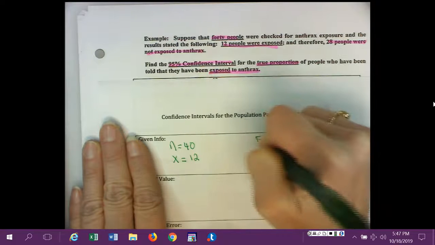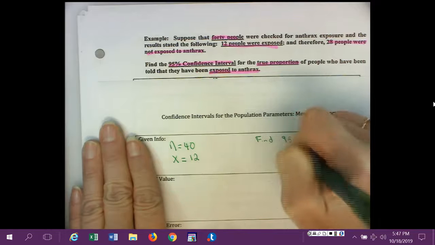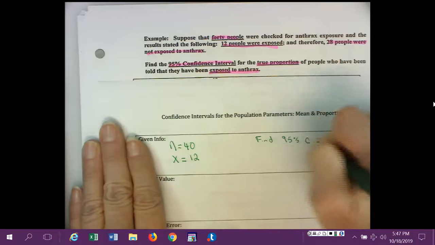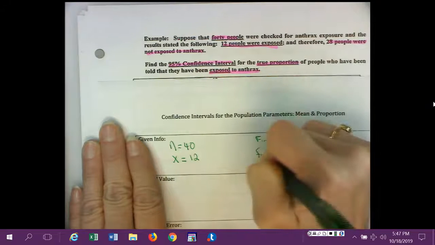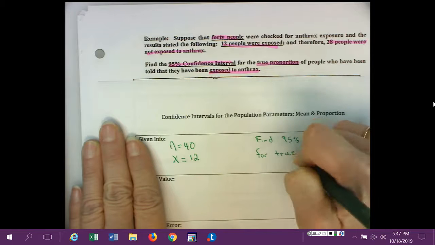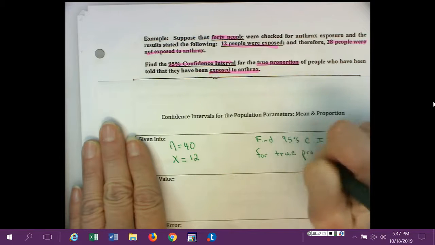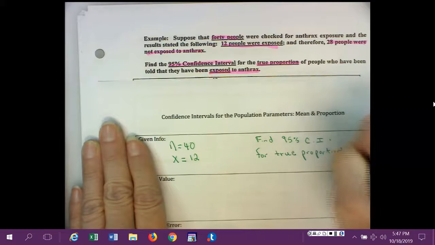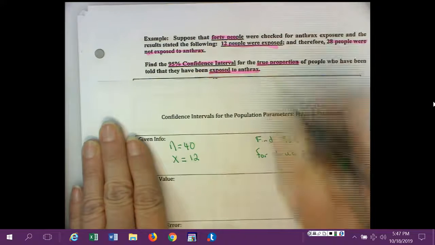Find the 95% confidence interval for, and this is where you determine your parameter, true proportion, rho. That's very important.